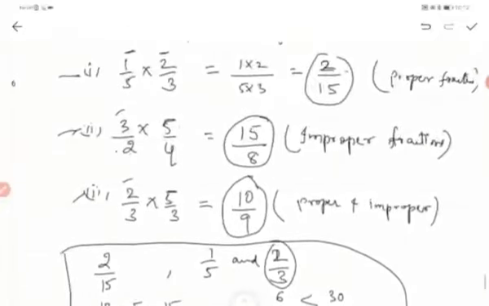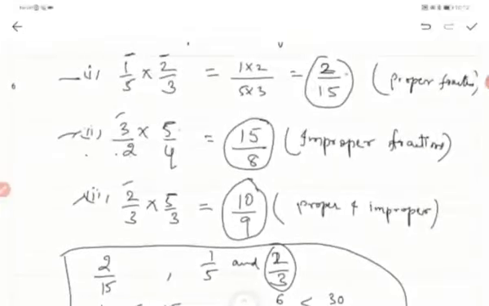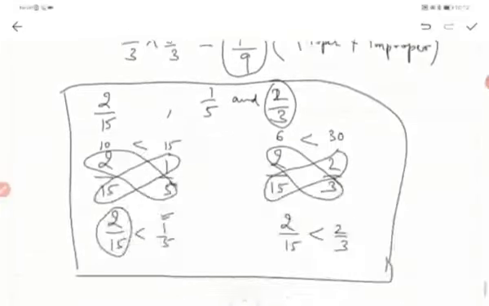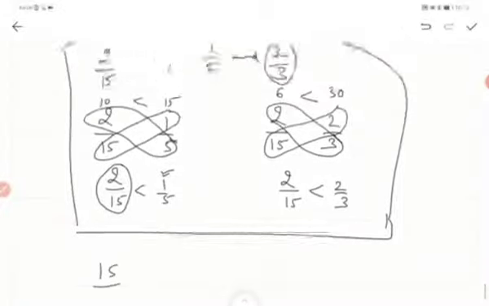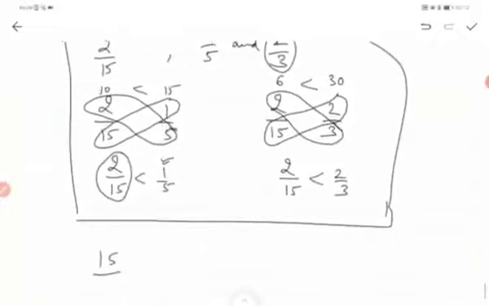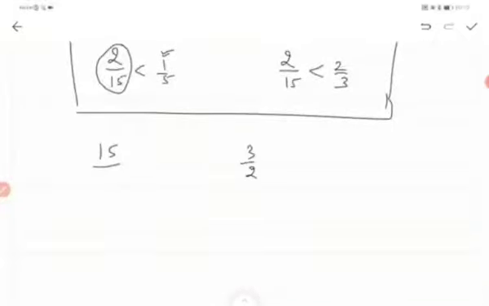Now let's go for the second one. We have 3 by 2 and 5 by 4 given. The product we have got is 15 by 8. Let's compare the 15 by 8 product with the individual fractions given.